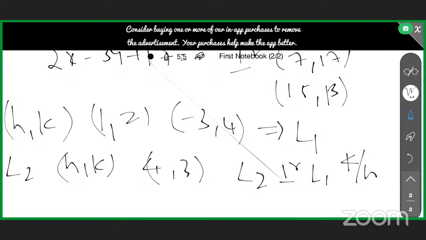When you look at the question itself, you'll get one thing in your mind. What is that thing?